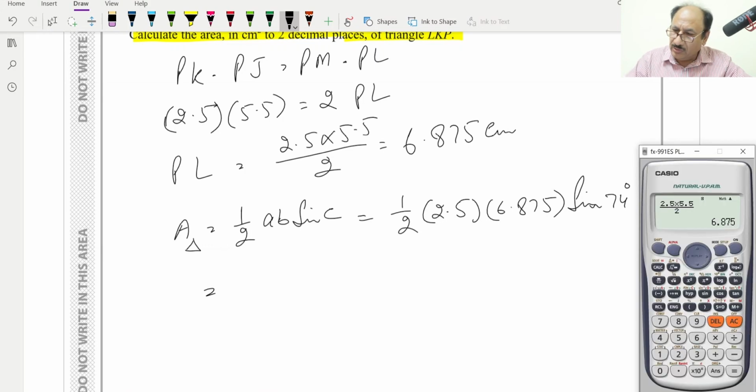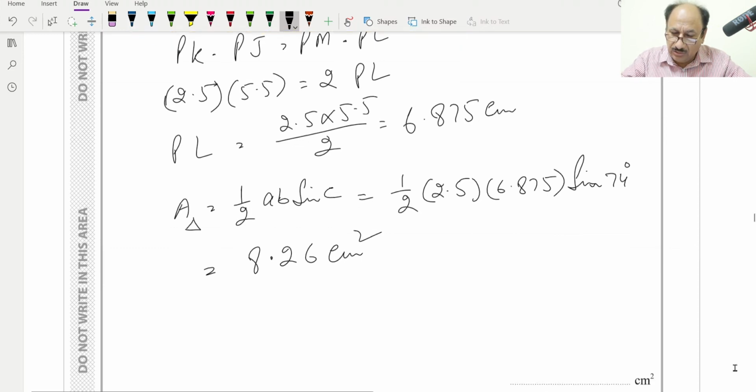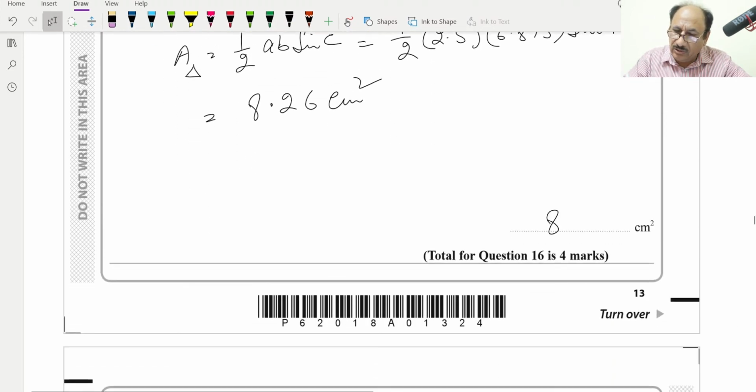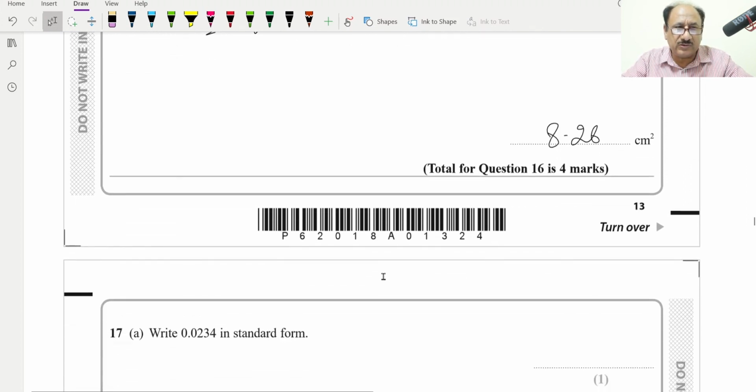This will be calculated as 0.5 for half into 2.5 into 6.875 and multiply by sine of 74, and this is equal to 8.26, and this will be centimeters square, and we can provide over here 8.26. This will be our final answer for this question.